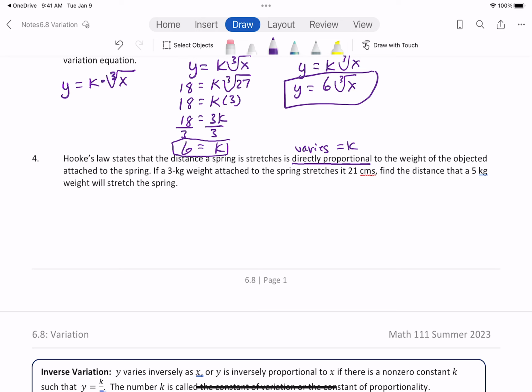So that means we're going to write equals k to the weight of the object attached to the spring. This is supposed to say object, sorry. So let's call the distance d. Then we have equals k. And what varies directly is the weight. Let's call that w. So we can write the equation distance varies directly with the weight.